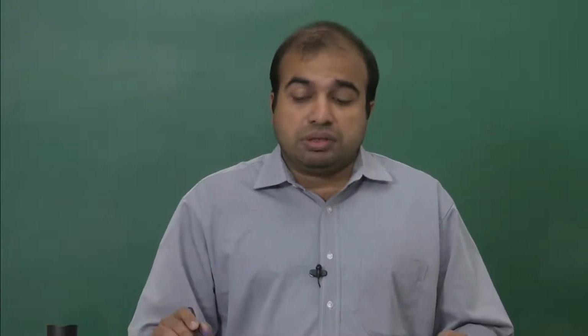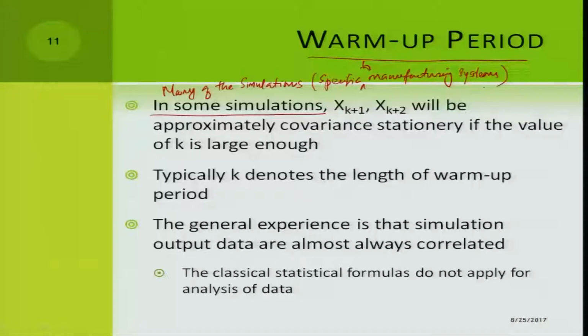In many situations in manufacturing, if you are doing the simulation, X_k+1, X_k+2, which means after a large value of k, you will see that these values of the random variables will start to behave like an approximately covariance stationary process.